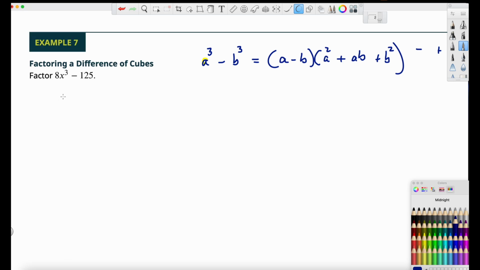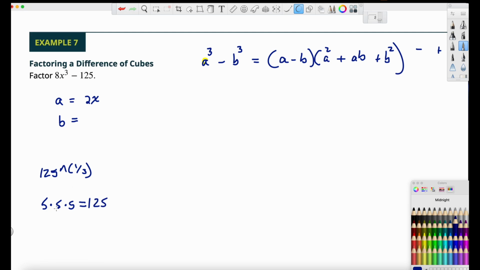All right, so now 8x cubed. So if we take the cube root of 8, that would be 2. So my a value is 2x. And then my b value, so on a calculator, if we go 125 and we raise it to the 1/3 power, it would be 5, because 5 times 5 times 5 equals 125.